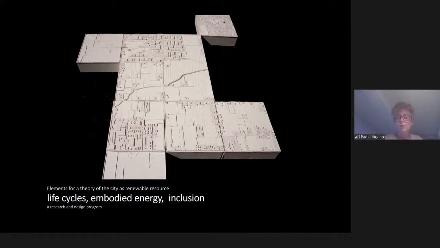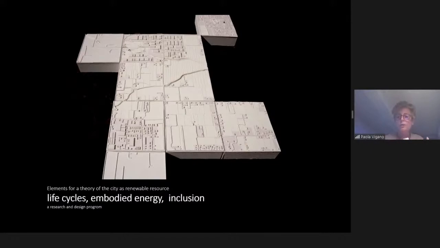Also, the embodied energy at the territorial and urban level was crucial for me. And of course, the question of inclusion, because each time you open or close life cycles, there are big adaptations that society has to take. And of course, there are people that remain outside and new people entering into the arena.